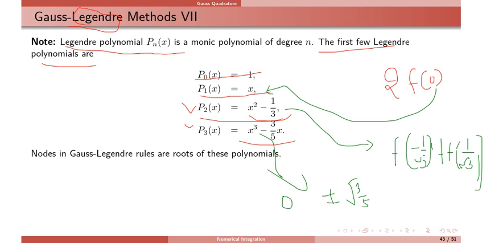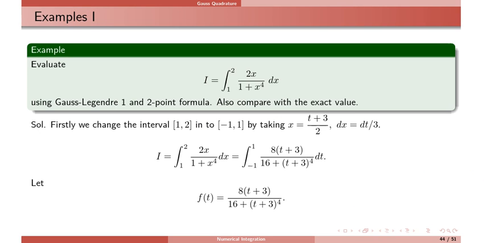So now we will apply these formulas. The first example is: calculate this integral from 1 to 2, 2x by 1 plus x to the power 4 dx, by using Gauss-Legendre 1 and 2 point formulas, and also compare with the exact value. When you apply the Gauss-Legendre technique, first see the integral limits.